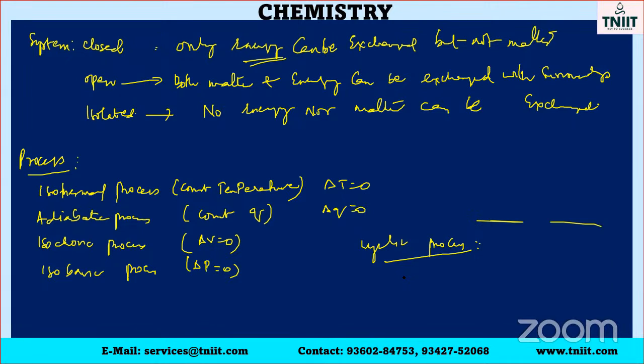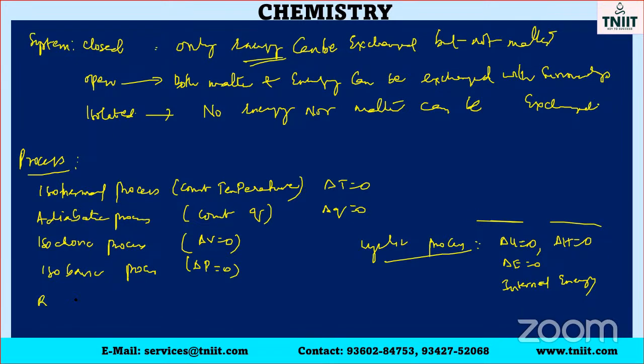In case of a cyclic process, change in internal energy is 0 and change in enthalpy is also 0. Remember, delta U, or sometimes we represent it as delta E also. Internal energy, we will learn what it is in a few minutes.